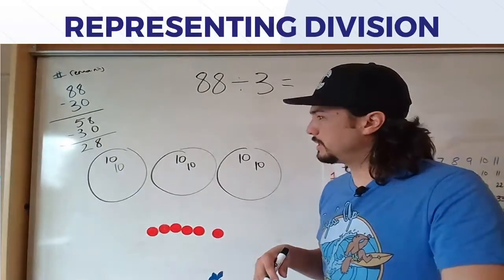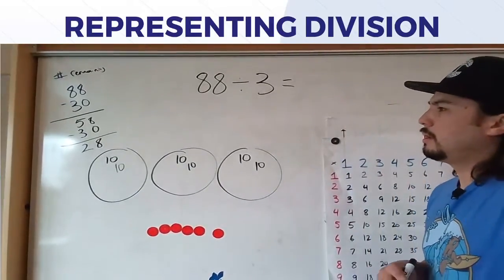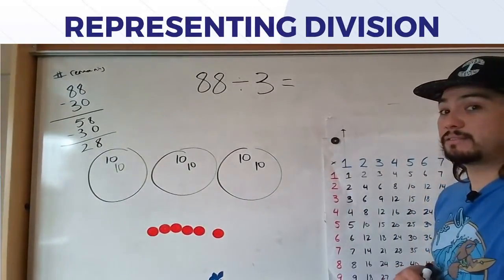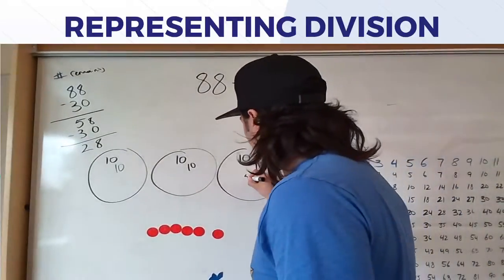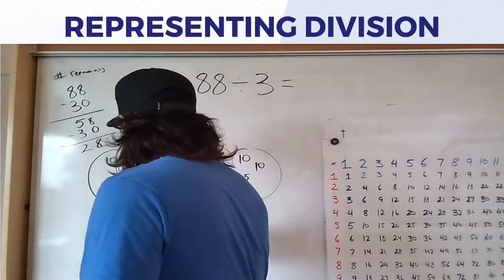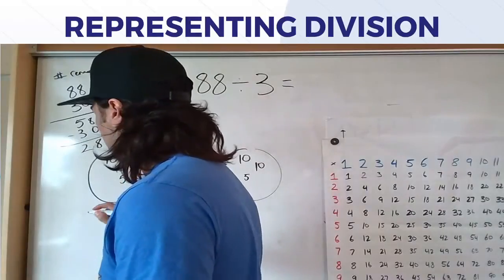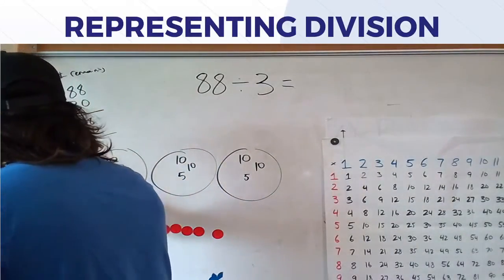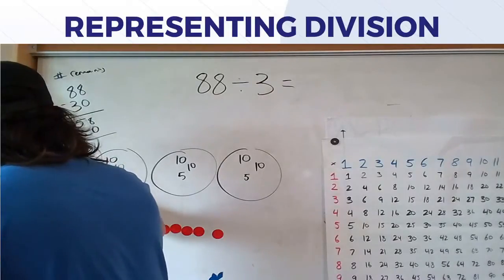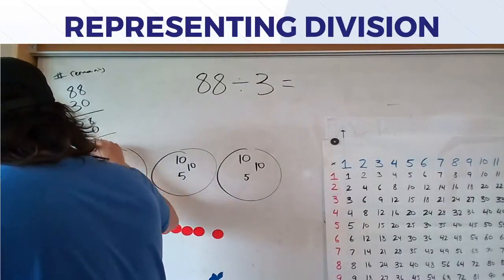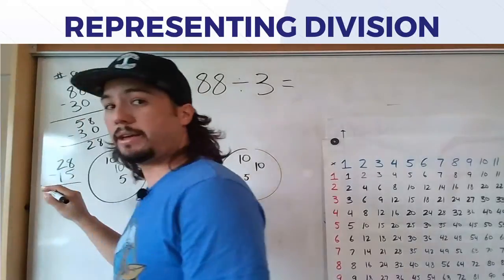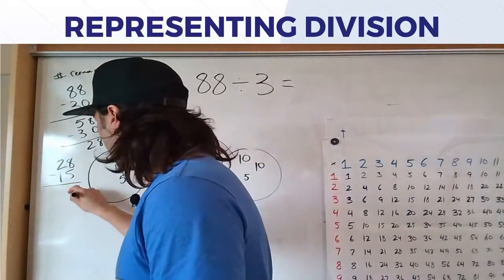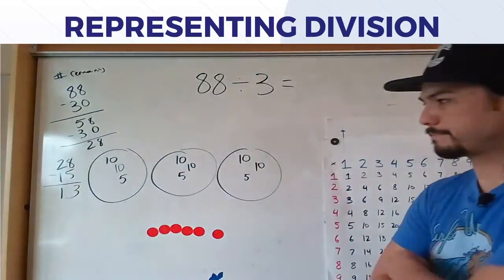Okay, so let's think of something smaller. Could we go 5 at a time? 5, 10, 15. Let's do it. Okay, so 28, I'm going to scoot it over here. 28 minus 15. 8 minus 5 is 3. 2 minus 1 is 1.